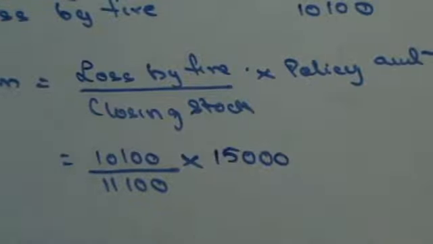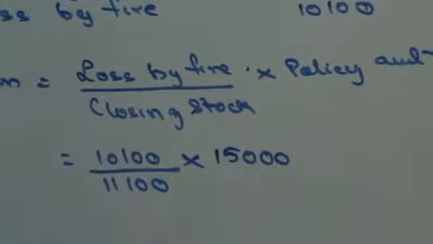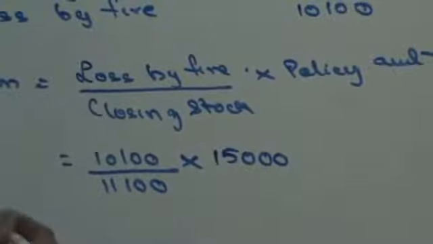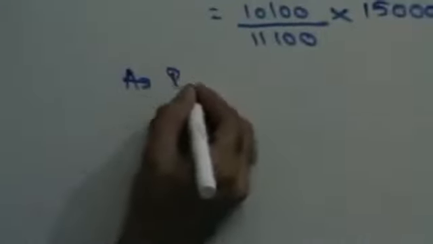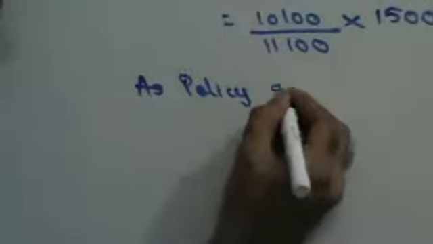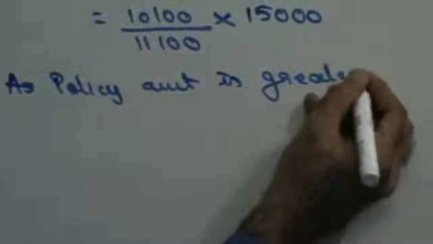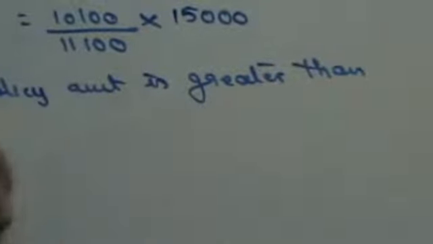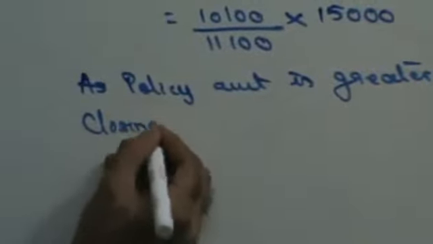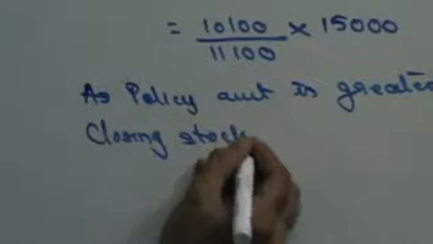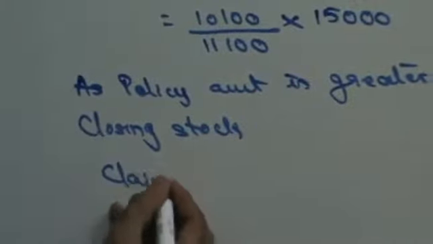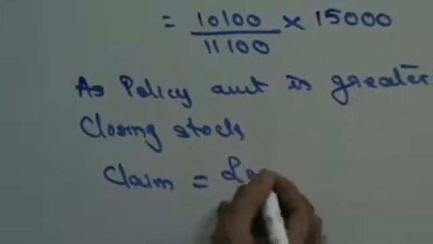Right, guys, now please pay attention here. In all the sums that we have done before this, the policy amount was always less than the closing stock. Right, here as policy amount is greater than the closing stock, therefore I can say that in this case claim will be equal to loss by fire.